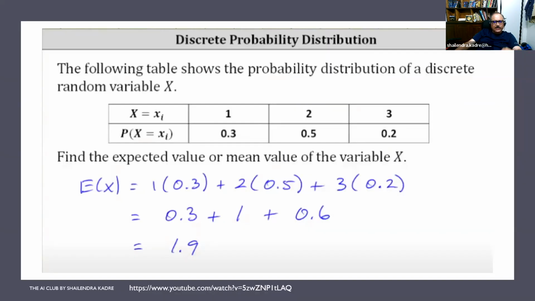This function is discrete because x is discrete. 1, 2, 3 are discrete values. Discrete means no decimal point. Between 1 to 10, there are only 10 discrete values, but there are infinite continuous values.